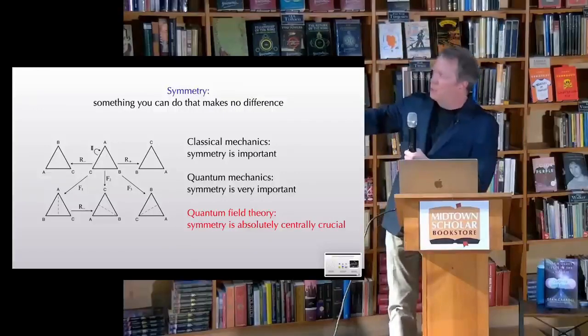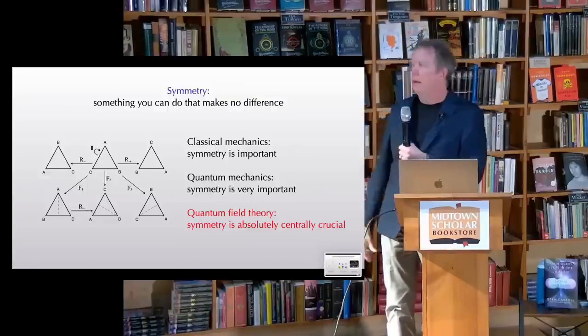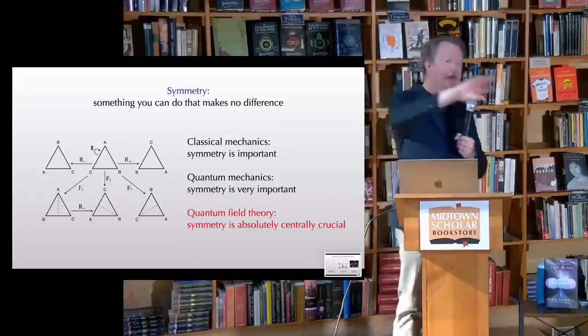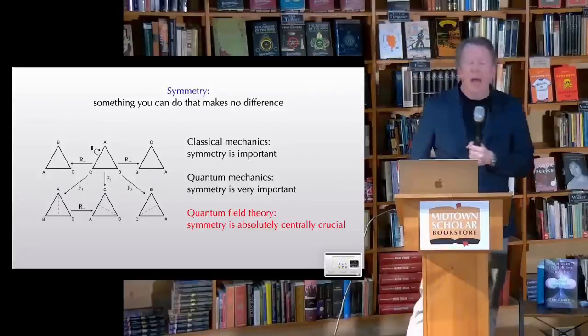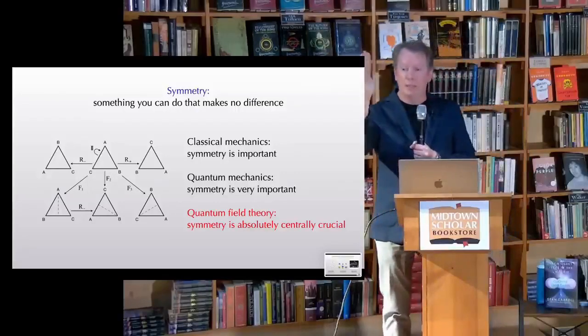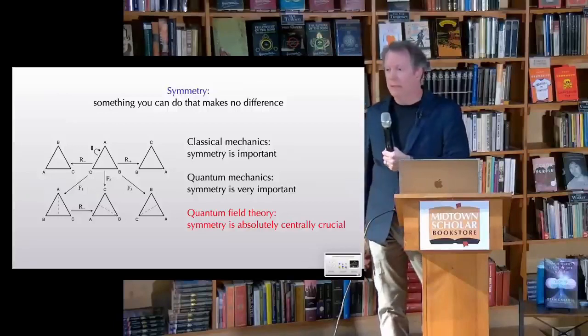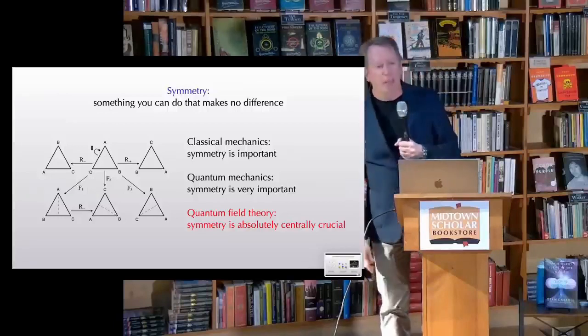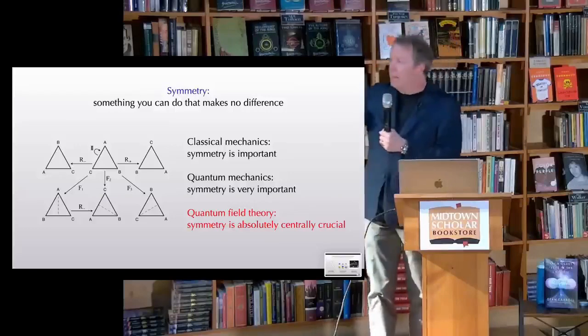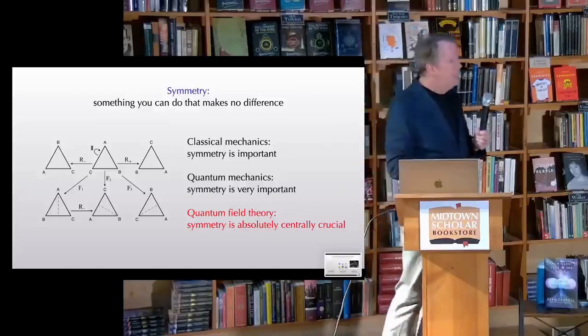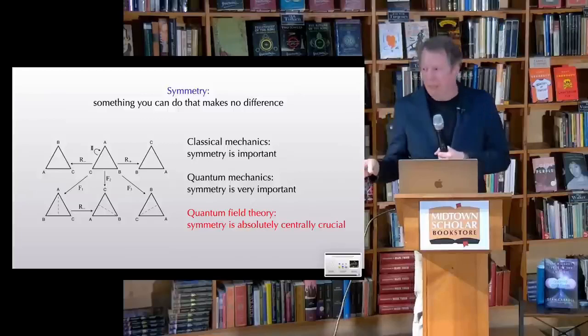So one thing I can do is rotate clockwise by 120 degrees. I could rotate counterclockwise by 120 degrees. I can also reflect the triangle around a line that I draw from one vertex. There's a set of different transformations, and they can be combined in different fun ways. And now you have invented group theory.